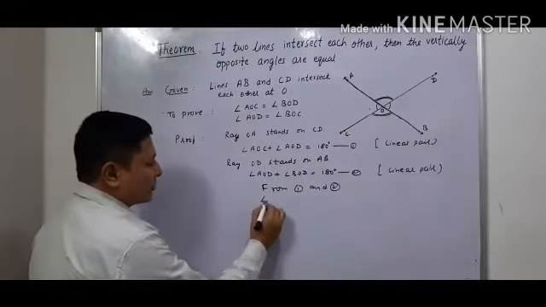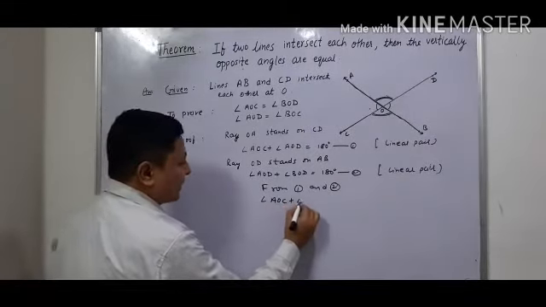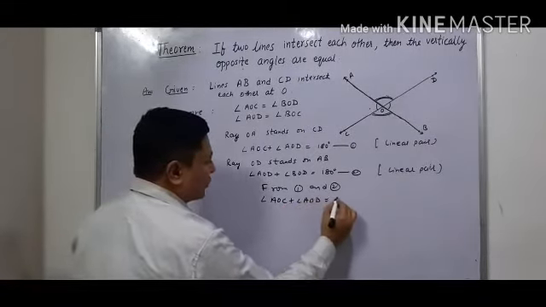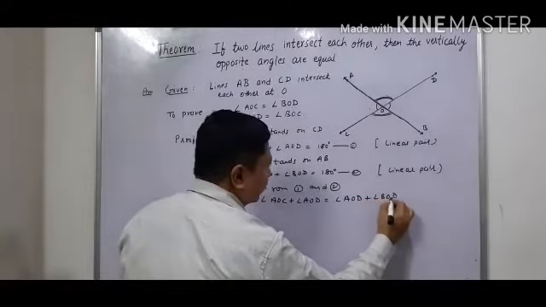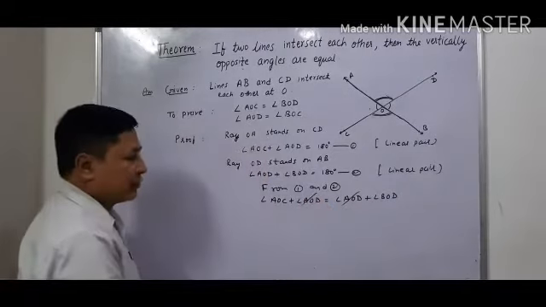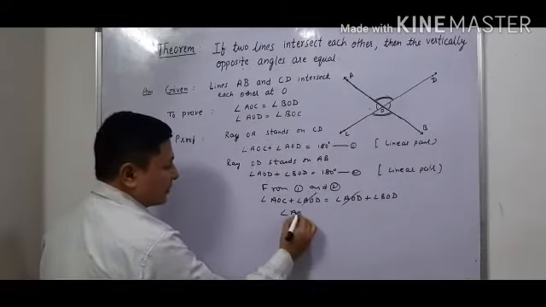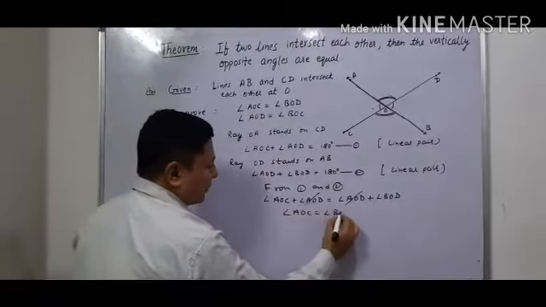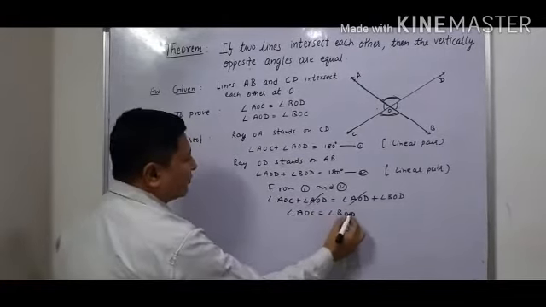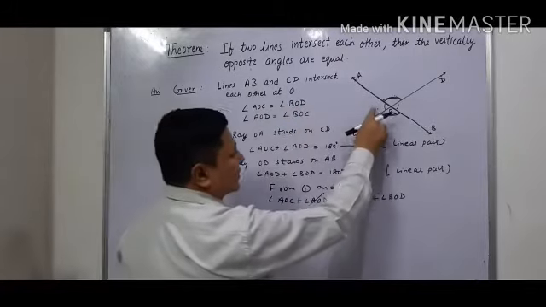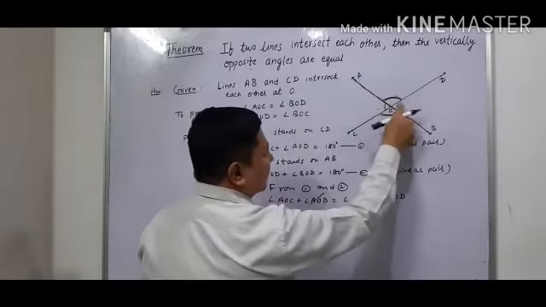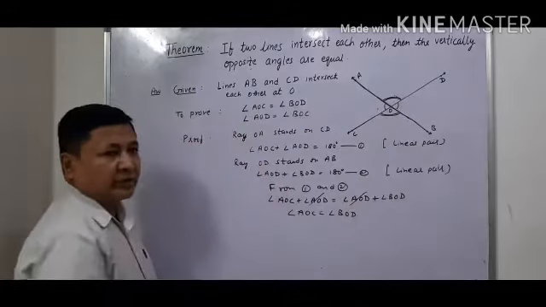So angle AOC plus angle AOD will be equal to angle AOD plus angle BOD. So these two angles will cancel. So angle AOC is equal to angle BOD. We have proved the first part: AOC and BOD are vertically opposite angles and they are equal.